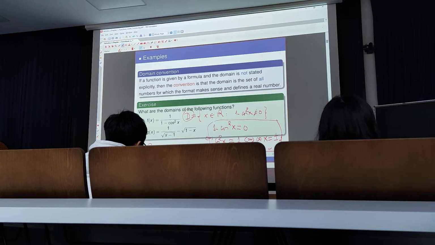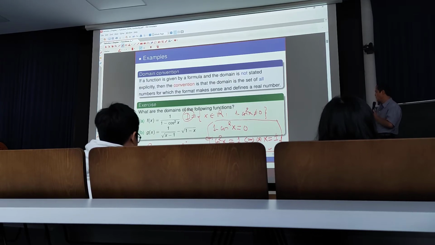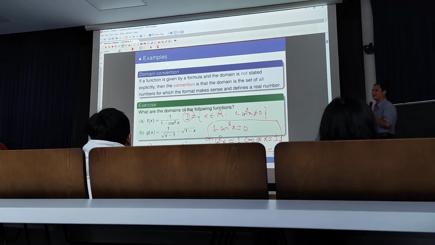Sine square of x is 0 means that sine x is 0. Sine x is 0 means that x is k pi, k is an integer. That's all. Much better than solving twice, for plus 1 and negative 1.